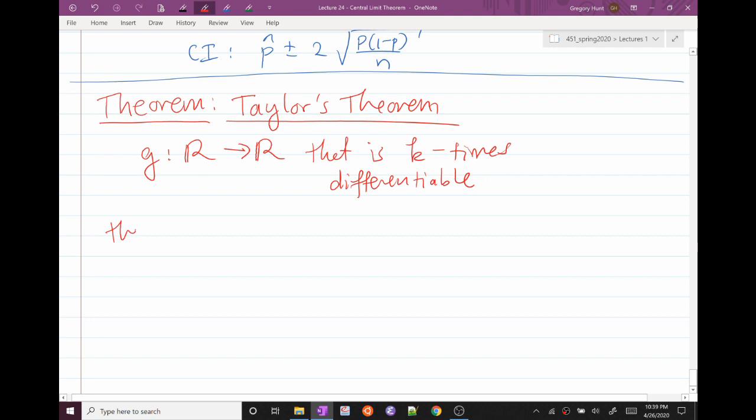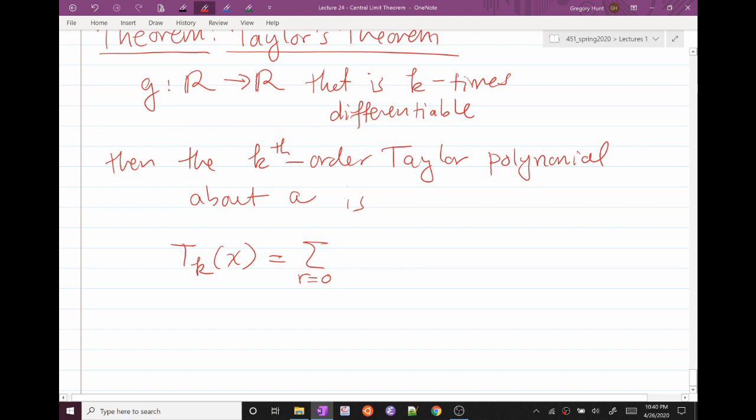If we expand it around a, it's the sum, where r goes 0 to k, of the rth derivative of g, evaluated at a, divided by r factorial, times x minus a to the r. So this should be familiar from Calc 2 with Taylor series.